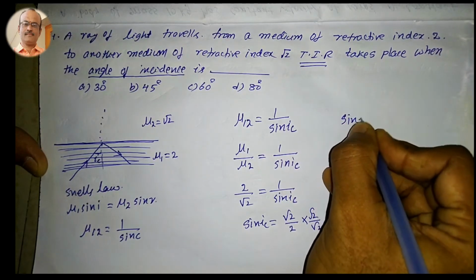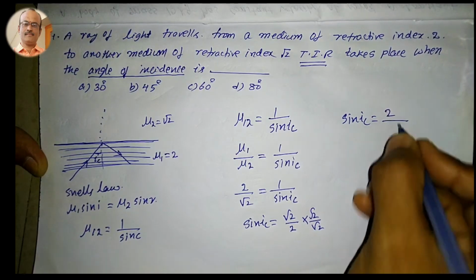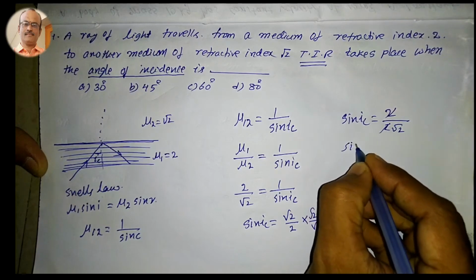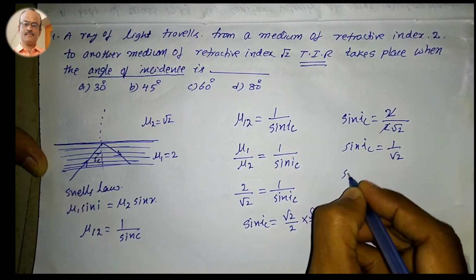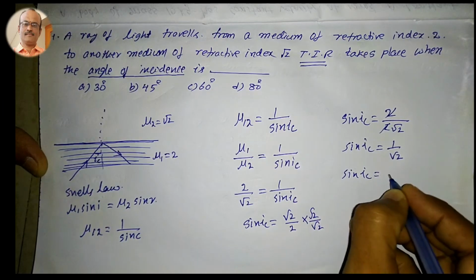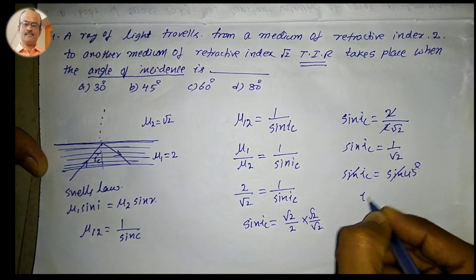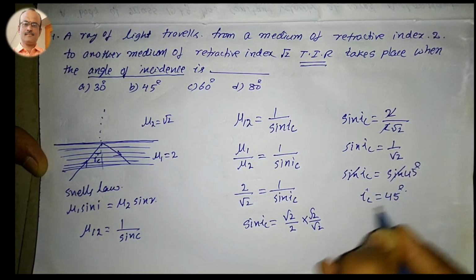Then sin IC is equal to root 2 into root 2, 2, divided by 2 root 2, both get cancelled. Sin IC is equal to 1 by root 2, but here sin IC is equal to sin 45 degrees, dropping sine, and the angle of incidence is equal to 45 degrees.